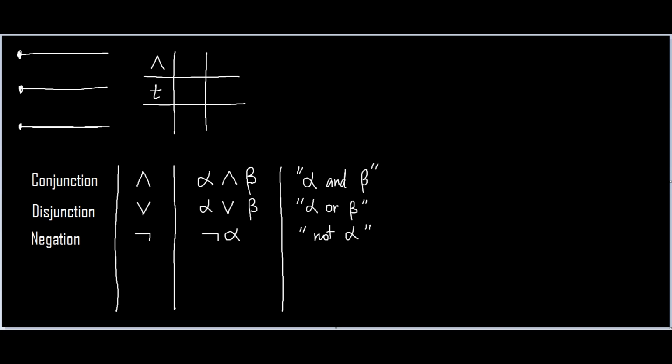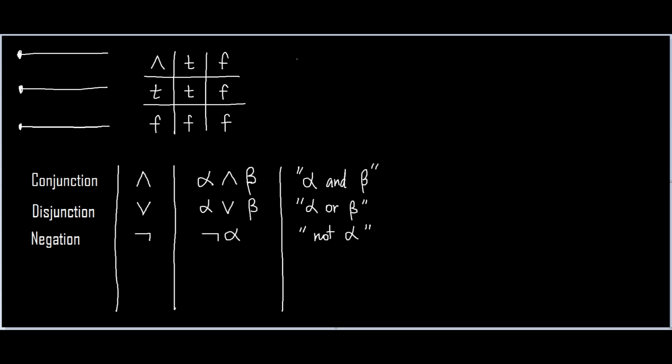The rows are going to represent alpha truth values, and the columns are going to represent beta truth values. So when is alpha and beta true? When both of them are true, certainly. And that's the only case, actually. As soon as one of them is false, we can't say anymore that both of them are true. So all the other values are false.